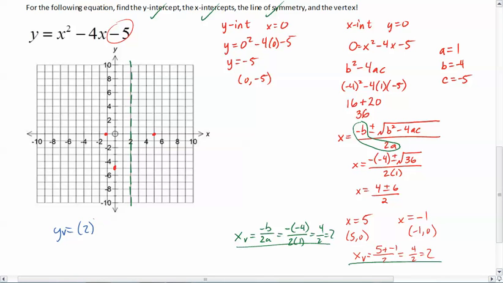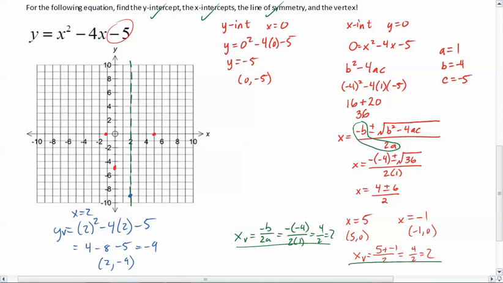So I'm going to go 2 squared minus 4 times 2 minus 5. So that is 4 minus 8 minus 5, which is negative 9. So when x was equal to 2, y was negative 9. So 2 comma negative 9. And you'll notice that that is right here on my line, 2, negative 9, which is right there. And it's in conjunction with everything else we've done.